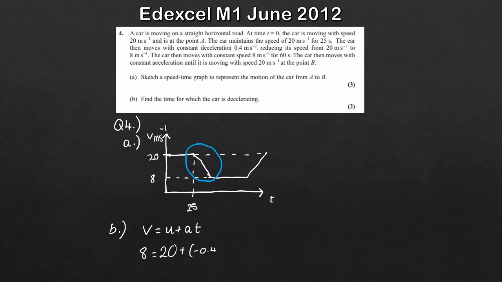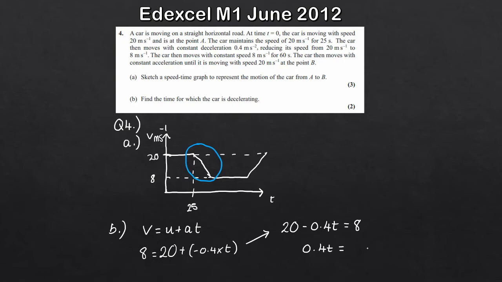Minus 0.4 times t, which we don't know yet, which we're going to work out in a moment. So what I've got here then is 20 minus 0.4t is equal to 8. And this is just a nice linear equation to solve. To make life a bit easier, I'm going to take this minus 0.4t onto this side, so it becomes positive, and subtract 8 off both sides.